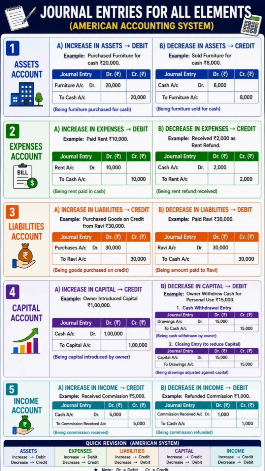Income, increase you are crediting, decrease you are debiting. If you observe, the rule is the same for asset and expenses, and for liabilities, capital and income, the rule is the same. So understand and apply. Conceptually, when you are clear, you will never make mistakes.